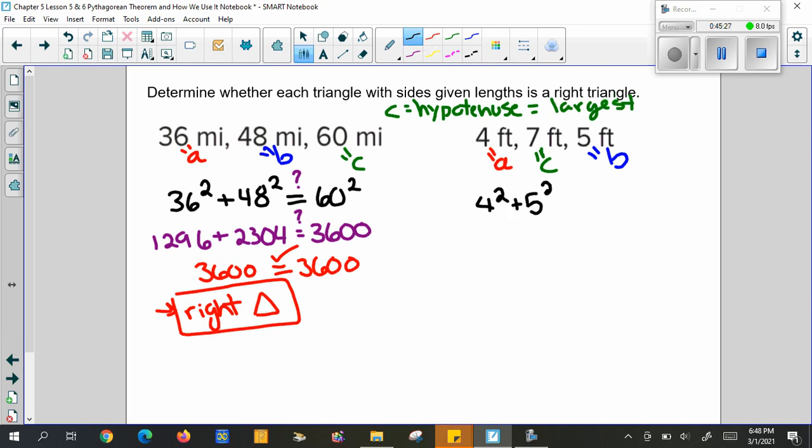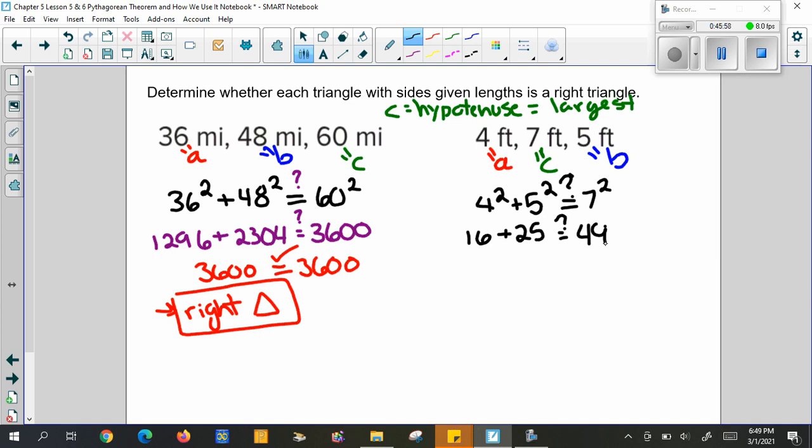Now, these sides can still make up a triangle. It's just that for the triangle to be a right triangle, it has to fit within this equation. That's kind of why I'm putting that question mark there. So we don't know if it's equal.